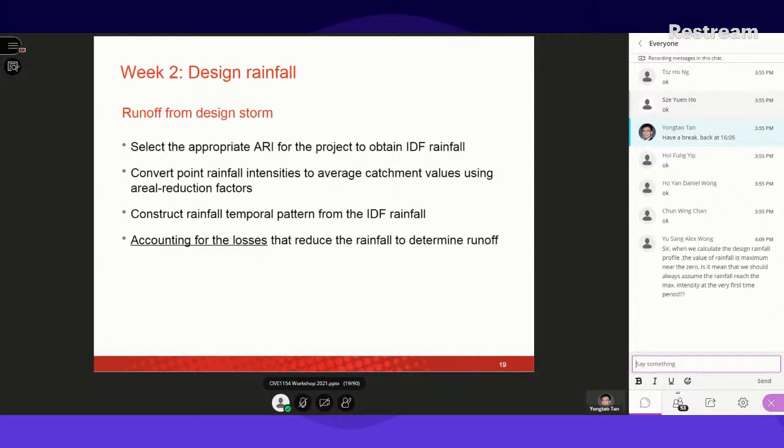Now here I receive a question from Alex. When we calculate the design rainfall profile, the value of rainfall is maximum near 0. Does this mean that the rainfall reaches the maximum intensity at the very first time period?